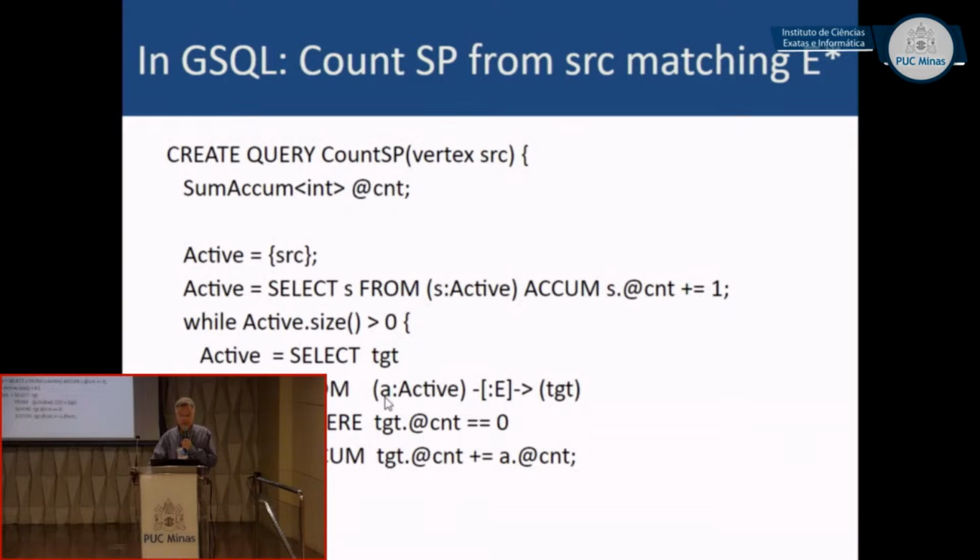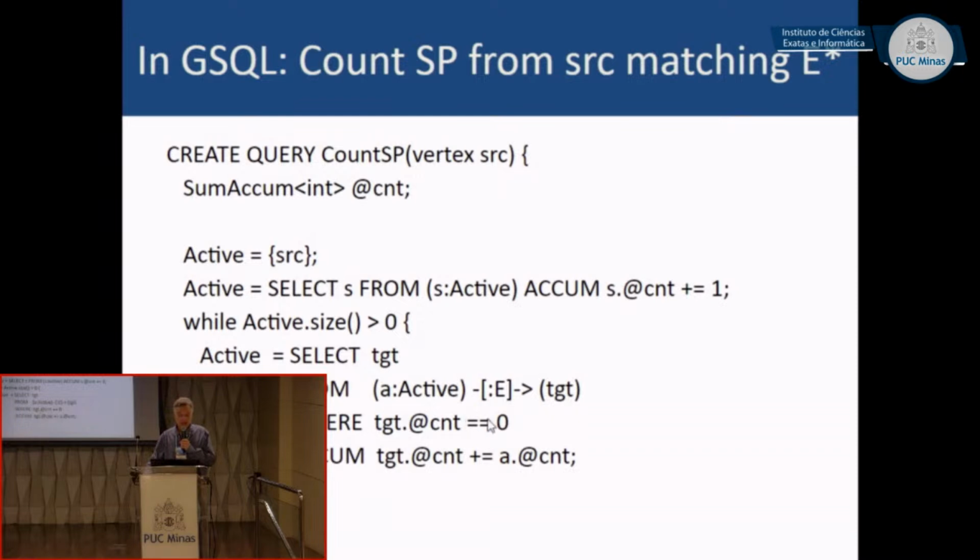And notice what it does. It goes from vertex A in the active set, follows an edge of type E to a target vertex. It checks with this where clause that the count at that target, in the accumulator at the target, is 0. Remember, otherwise we're not going to write to it, because otherwise this node was reached in a previous iteration and we are not on the shortest path to it.